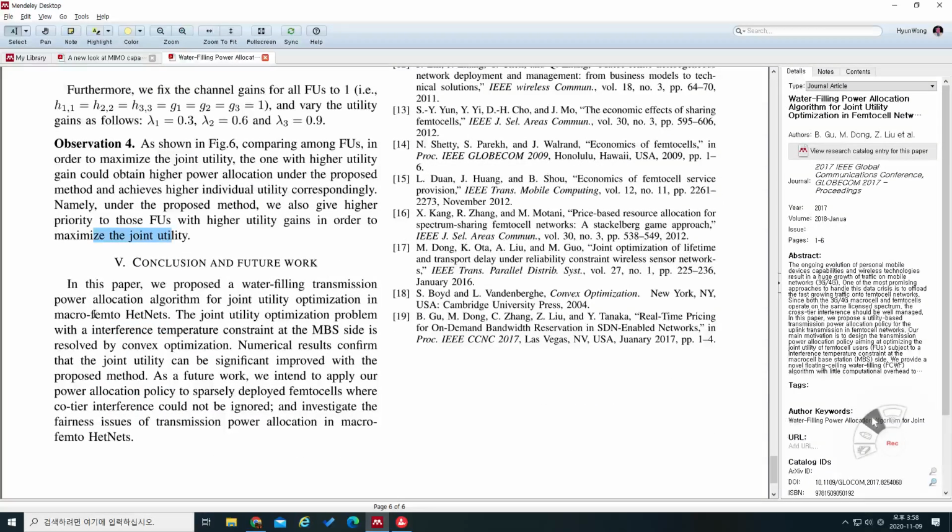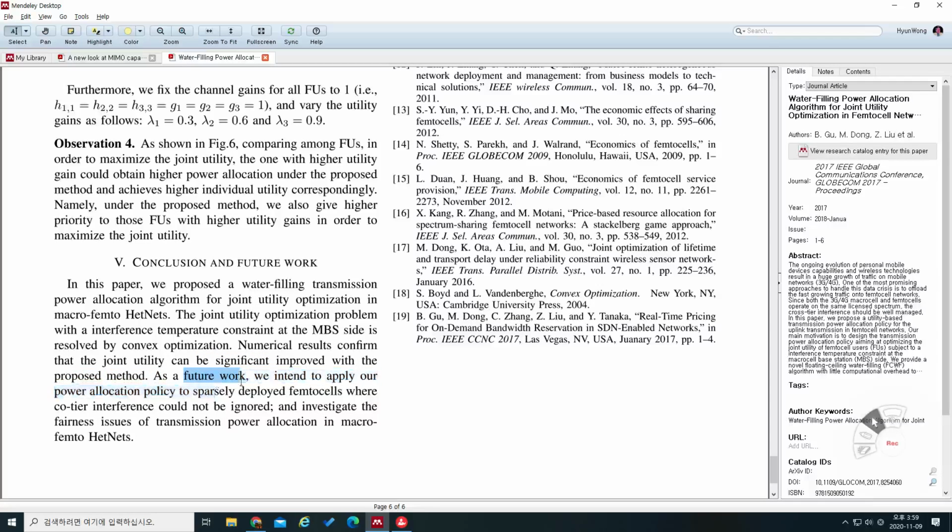Conclusion and future work. In this paper, we propose a water-filling transmission power allocation algorithm for joint utility optimization in macro-femto heterogeneous networks. The joint utility optimization problem with an interference temperature constraint at the MBS side is resolved by convex optimization. Numerical results confirm that joint utility can be significantly improved with the proposed method.